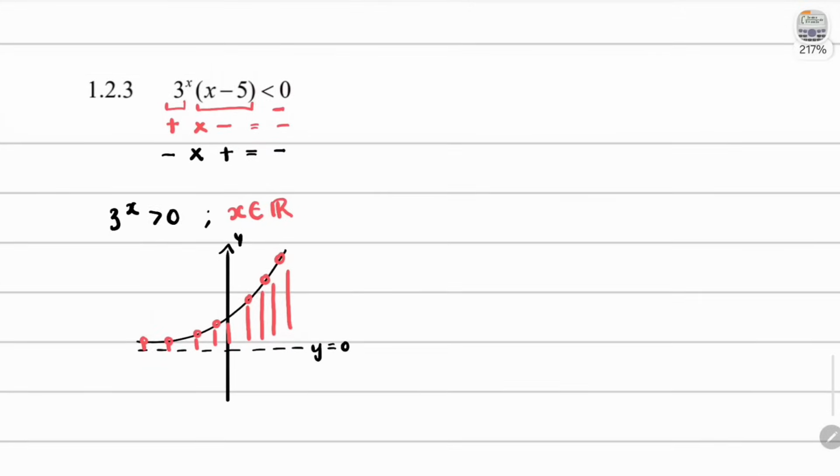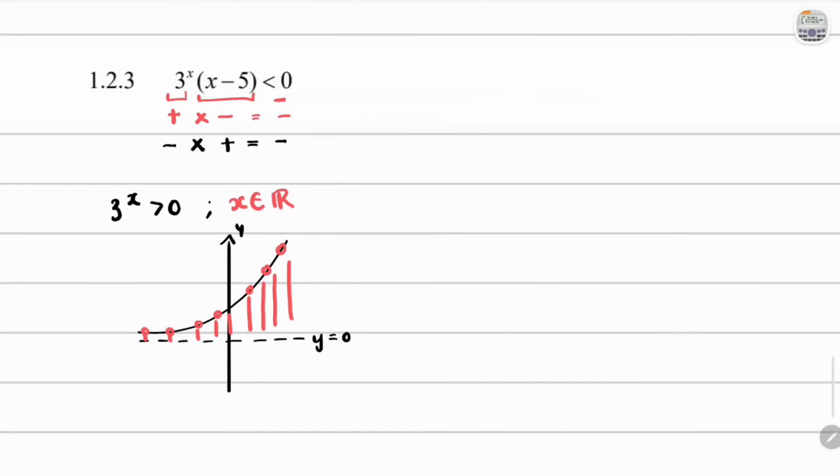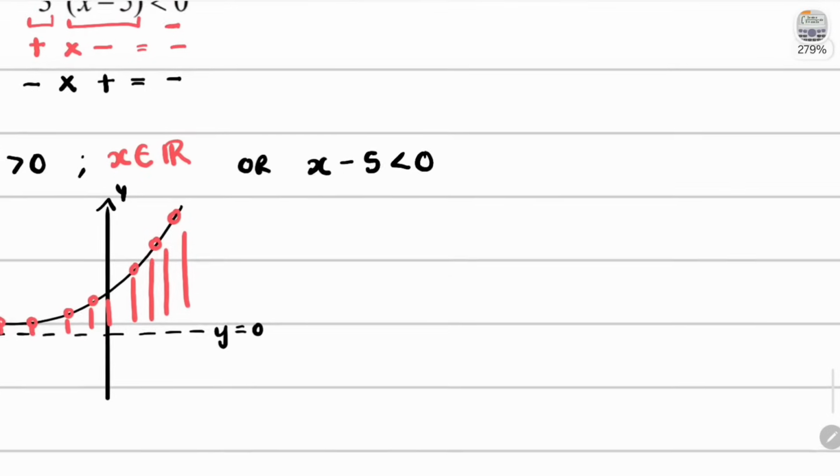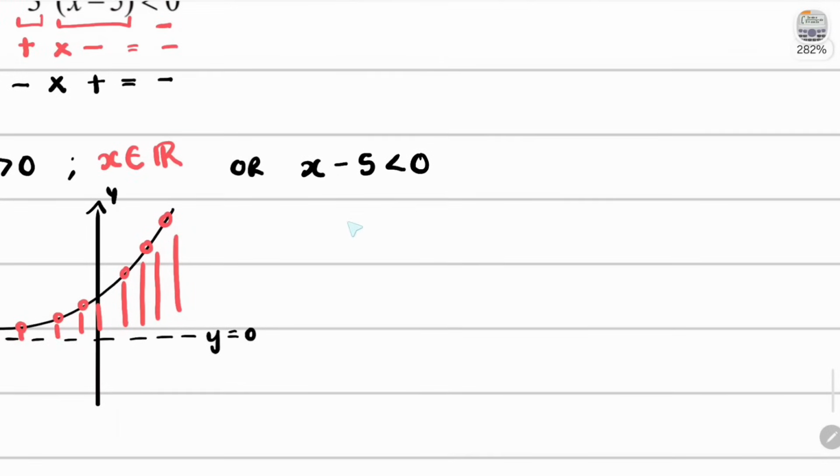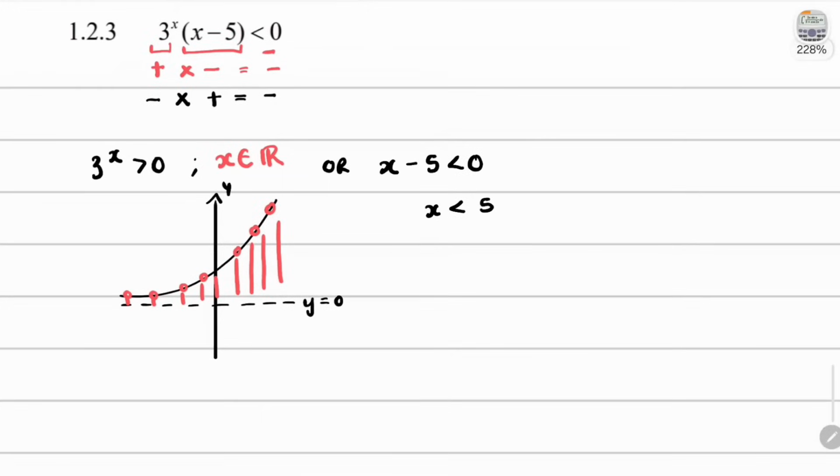Okay, let's see how this now pairs with this. Remember that this is positive and this one must be negative. So we're saying that x minus 5 must be less than 0. And this is a linear inequality. So this would simply mean that x must simply be less than positive 5 when we transpose that negative 5.